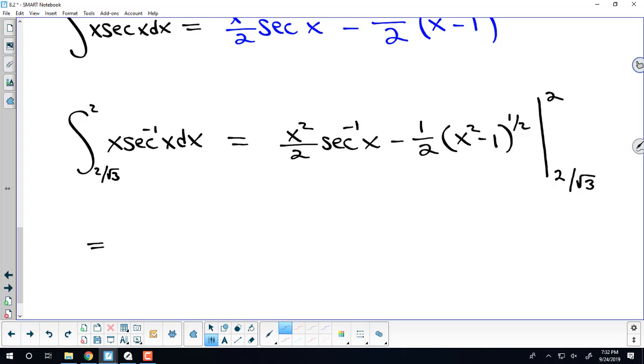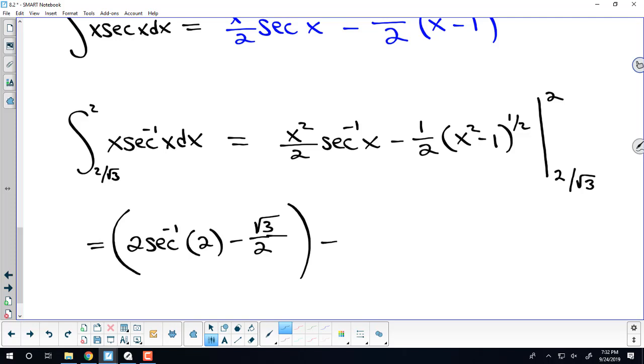So at 2, we have 2 squared over 2, 4 over 2 is 2. Secant inverse of 2. We have here minus 1/2, 2 squared minus 1, 3. So we have the square root of 3 for that one. There's f of b minus f of a: 2 over root 3. So 2 over root 3 squared gives us 4 over 3 over 2.